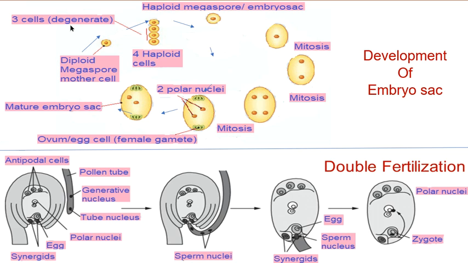Fine. So these are the diploid megaspore mother cell, a diploid cell, three degenerated cells, and four haploid cells. Now from that, one haploid megaspore develops into the embryo sac. How does it develop? Through mitosis.